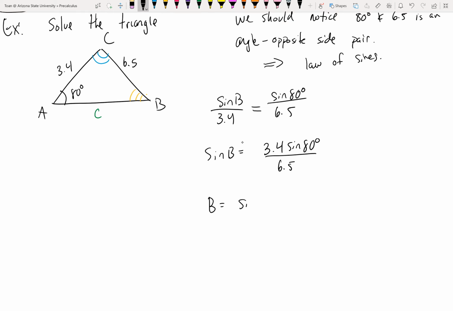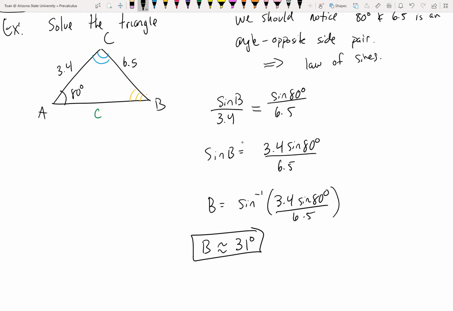So B equals sine inverse of 3.4 sine of 80 degrees over 6.5. That looks like an ugly mess, but then we have calculators. So making sure our calculators are in degree mode, pop that guy into a calculator, we're going to get about 31 degrees.